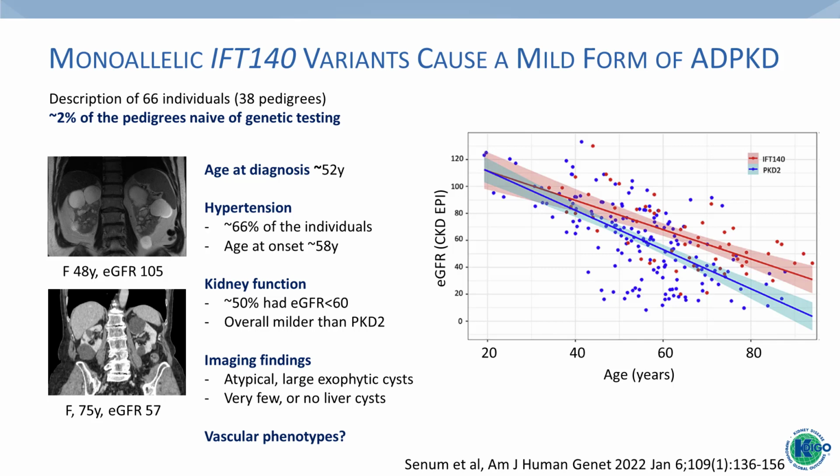Some patients did have renal insufficiency in this cohort also, although disease course appears to be milder than even in ADPKD PKD2, as you can see on the right, with PKD2 patients represented in blue here and IFT140 in red. Imaging findings are quite recognizable, as most patients exhibit few renal cysts with some very large kidney cysts. Vascular phenotypes have been reported in some individuals, but this association has still to be confirmed.